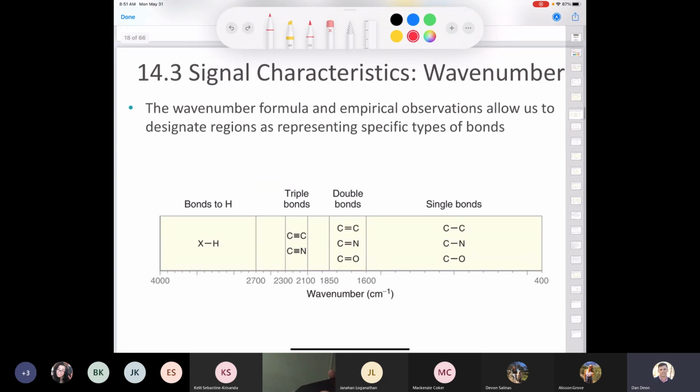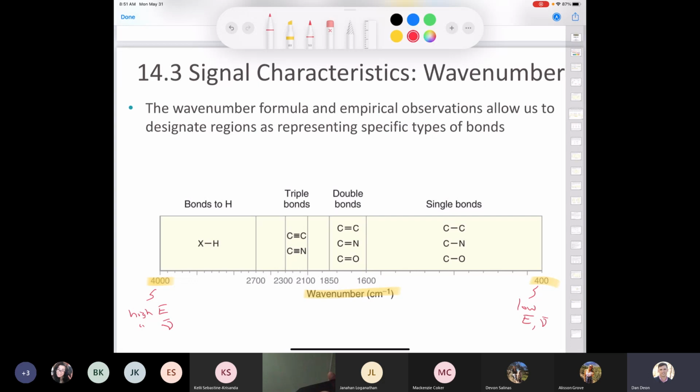Because now I want to just take a look at a spectrum. We said that wave number is on the x-axis of our spectrum, and it ranges from 4,000 to 400 reciprocal centimeters. So this is going to be high energy, this is going to be low energy. High wave number, and low wave number down here.